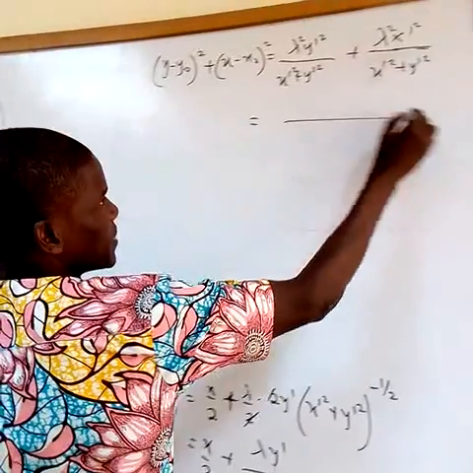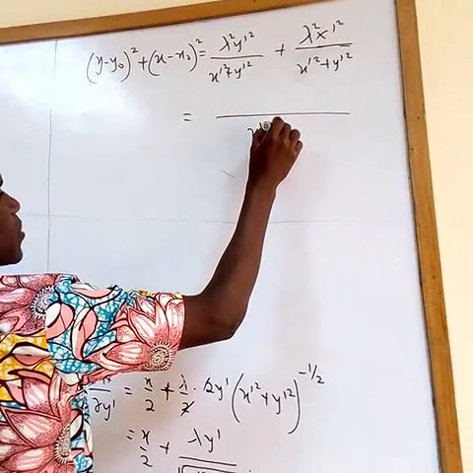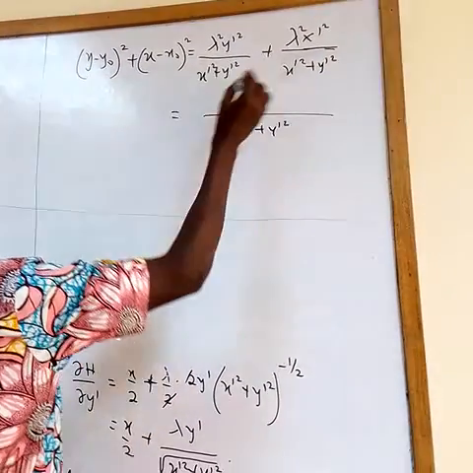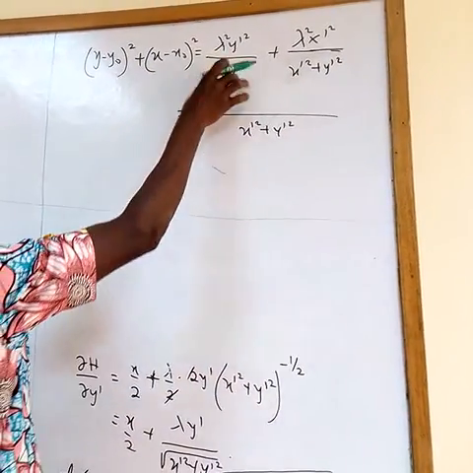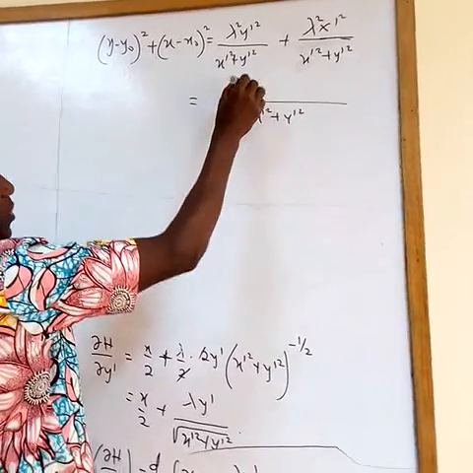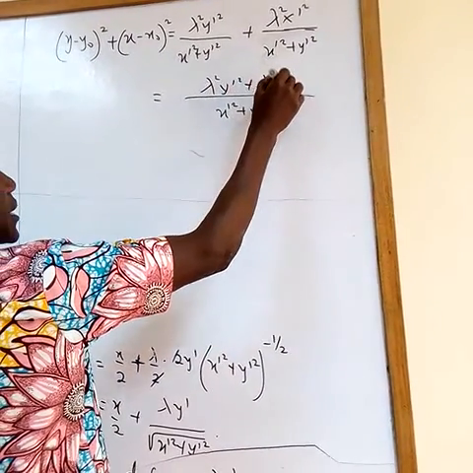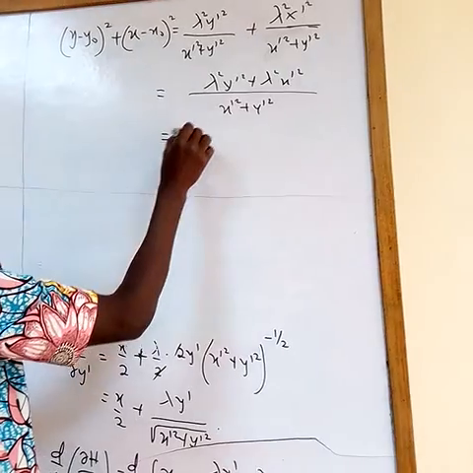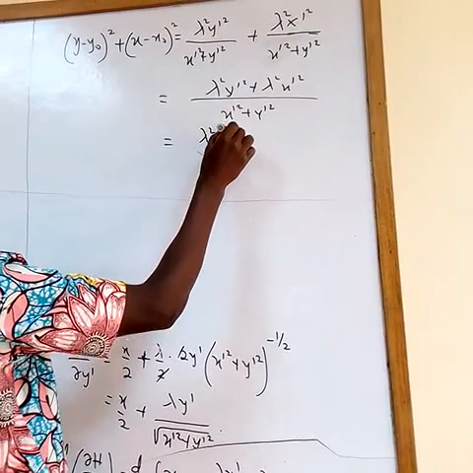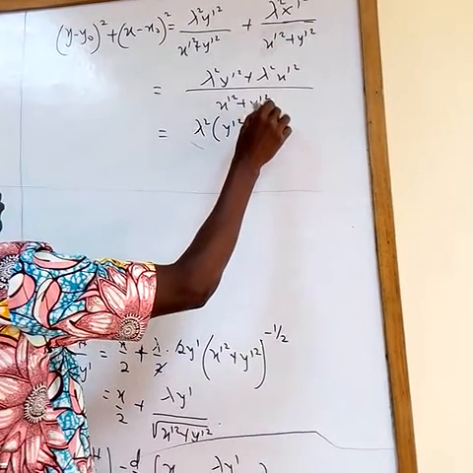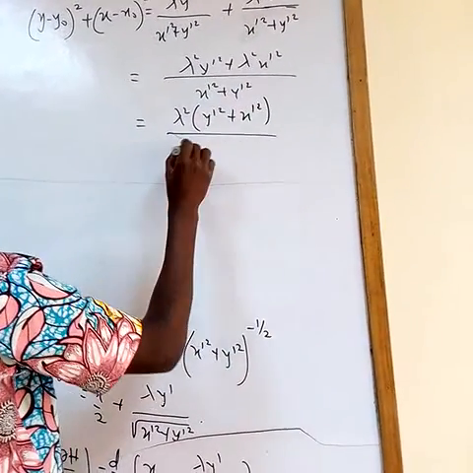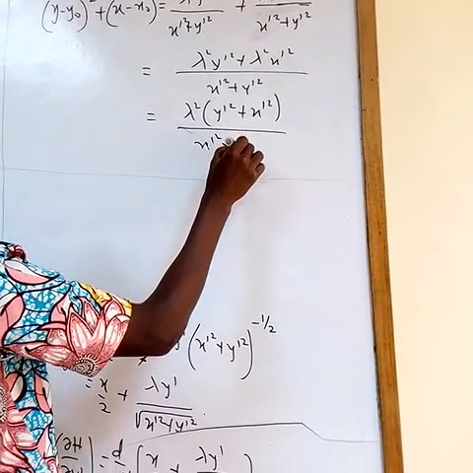The LCM is x'² plus y'². By the time this one goes into this one, we are going to have one, which is λ² y'² plus λ² x'², which is the same as λ² into y'² plus x'² over x'² plus y'².